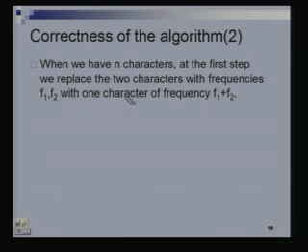Right? We are taking the 2 characters with frequencies f1 and f2, and we are replacing them with one node of weight f1 plus f2. It is as if you have one character now of frequency f1 plus f2.